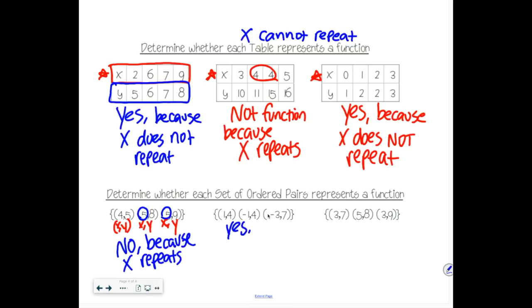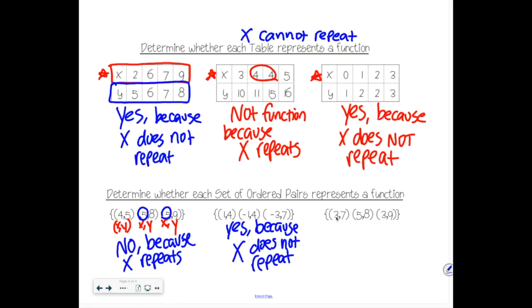So yes, it's a function because X does not repeat. So that is a function because the X's don't repeat. Make sure that in a point, you know it goes X, Y, X, Y, 1, 4, -1, 4.